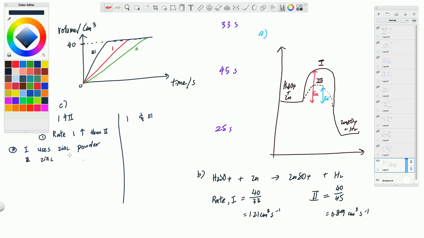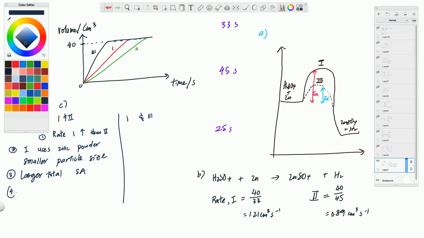I mean, you don't have to write it down. So zinc powder has a larger surface area, so smaller particle size. That's your second mark. So smaller particle size, larger total surface area.